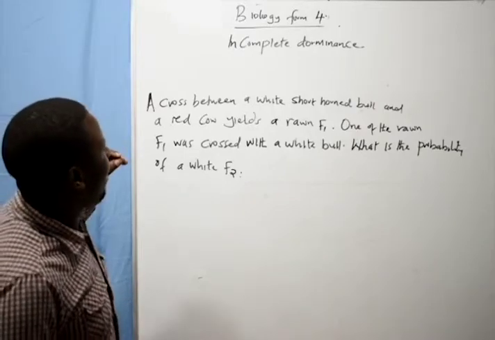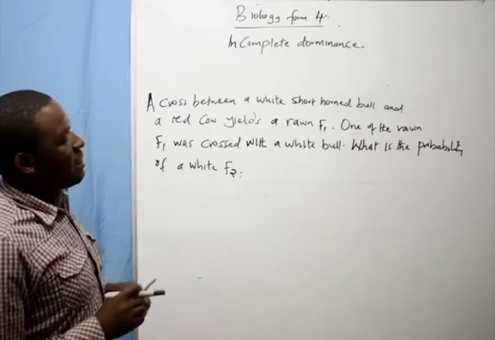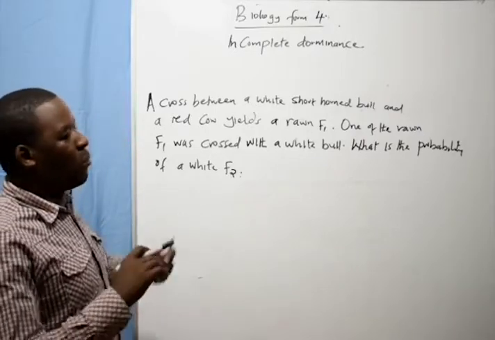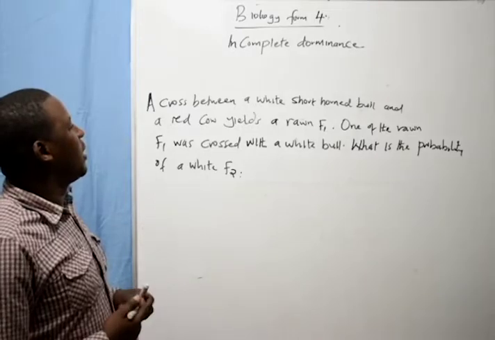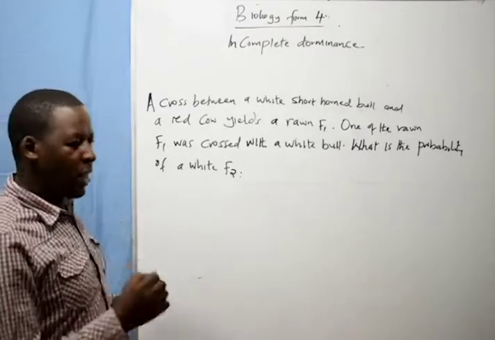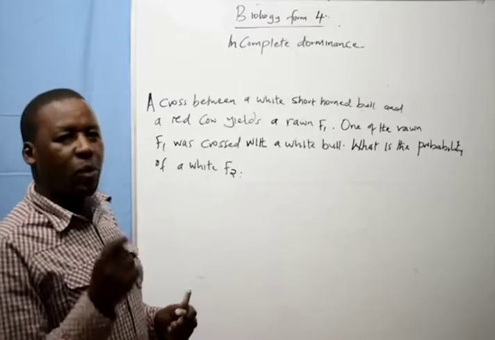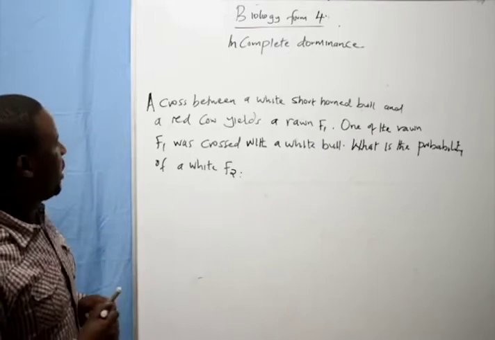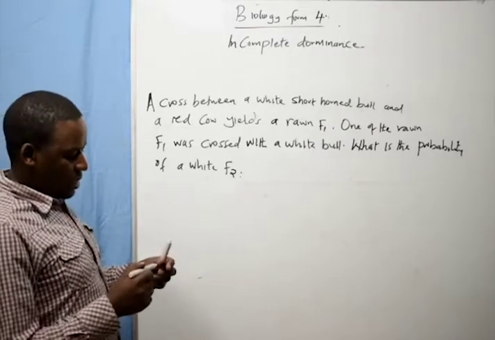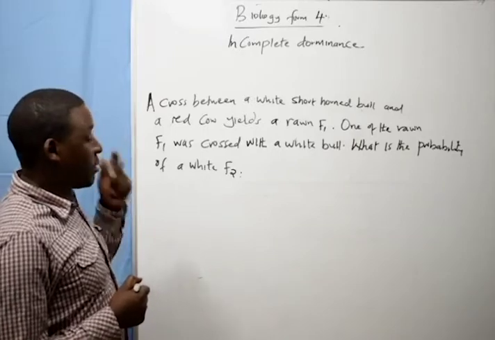Because none of the genes or alleles is recessive and both are codominant, the two genes are given different capital letters. Now, to show that type of incomplete dominance, I want to give a sample question.